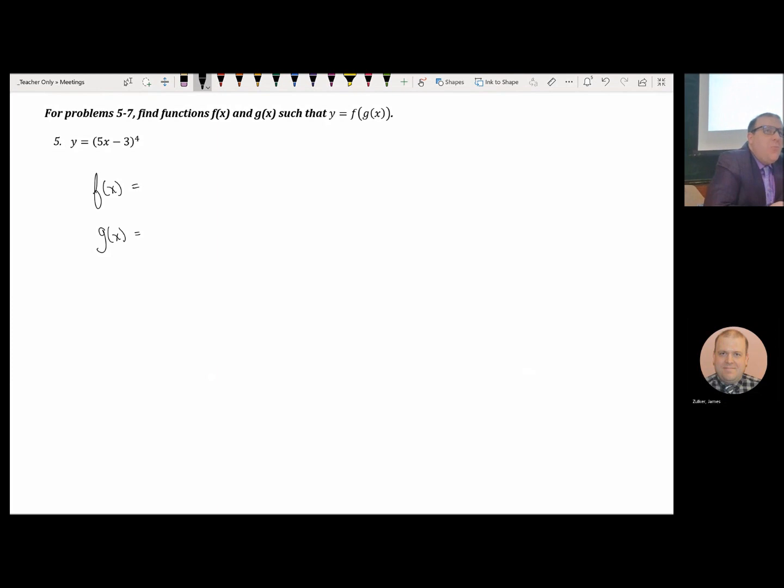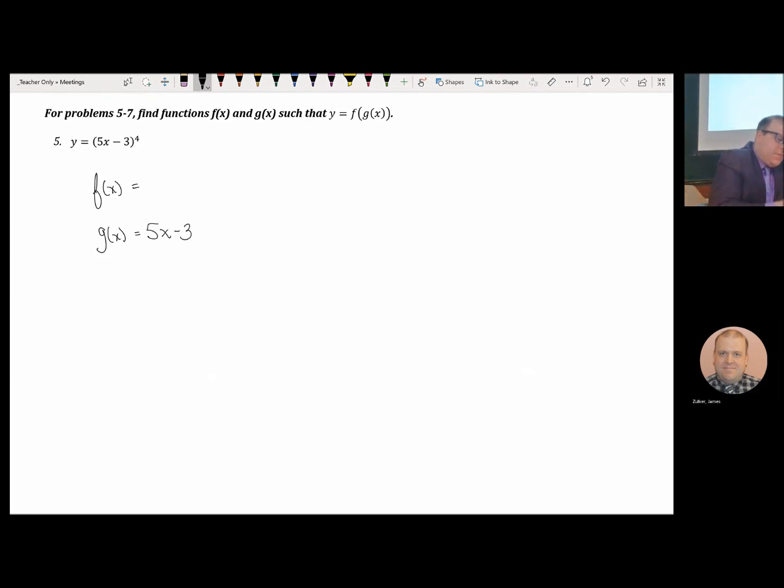And there may be more than one valid answer for these. What should we choose? Let's do our inner function. So what do you want g of x to be? 5x minus 3.